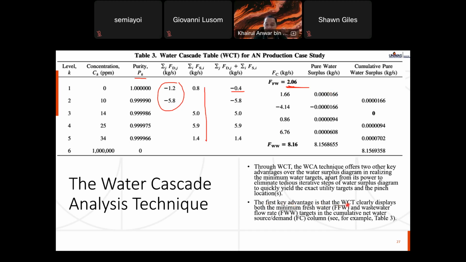The first advantage is that we get the minimum freshwater and wastewater in the cumulative net water source.